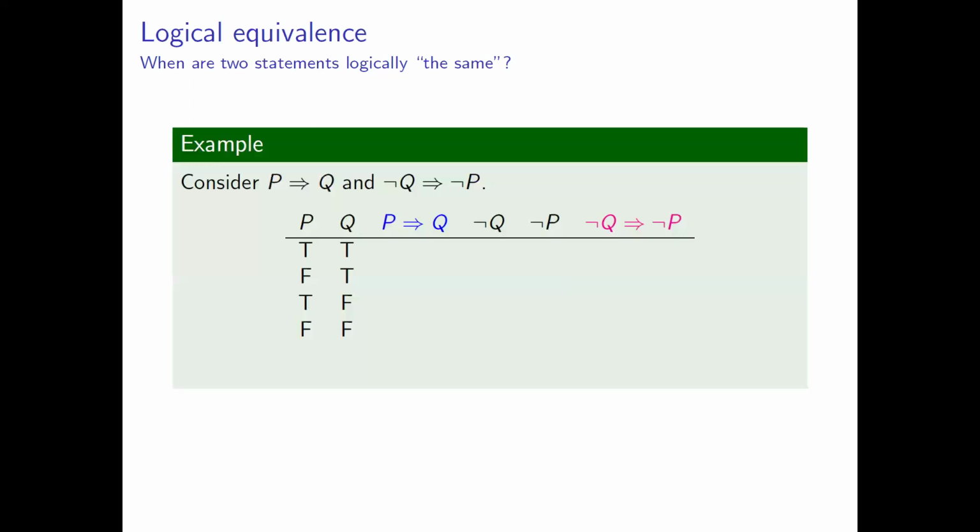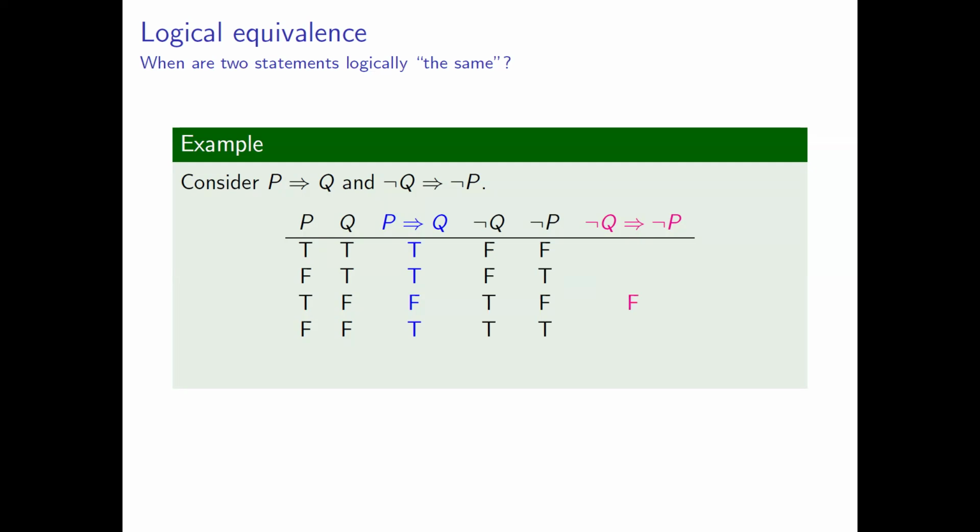For example, consider the conditional sentence P implies Q and its contrapositive, not Q implies not P. Recall that the statement P implies Q is false exactly when P is true and Q is false. It is true for all other cases. The statements not Q and not P have truth values which are the opposite of those of Q and of P, respectively.